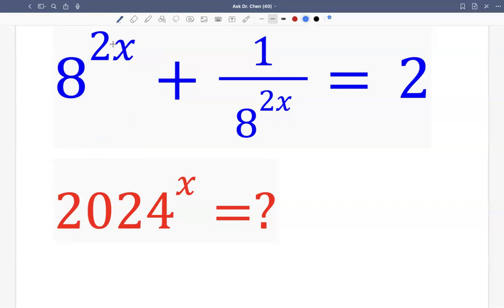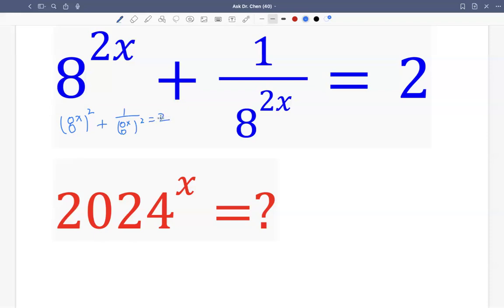A raised by 2x is a raised by x squared, because when we have two layers of exponent, we multiply them. So we can write a raised by x squared plus 1 over a raised by x squared, that equals 2. So we rewrite this equation.